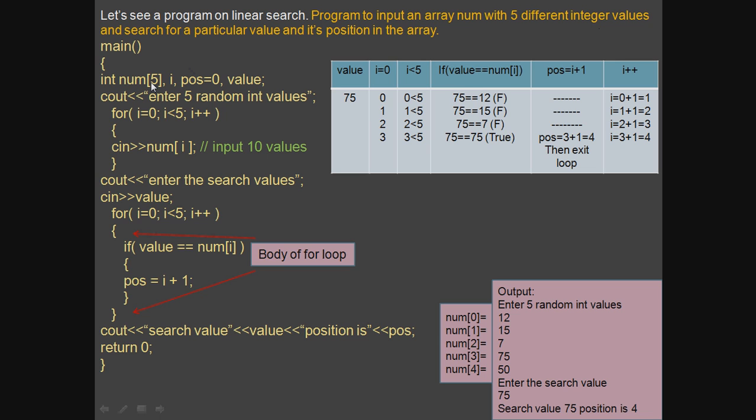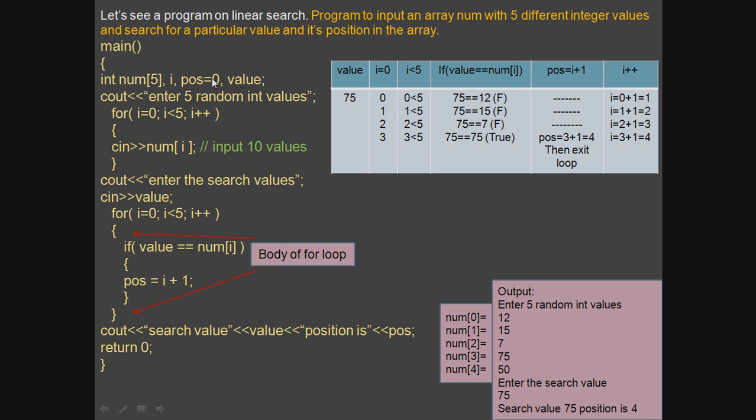When you are using an array, you always use the counter variable, that is i. You declare it here, and position is initialized to 0, because you can see that it is used in the program. Here value represents the search value.